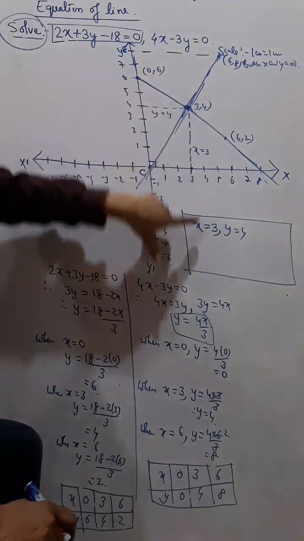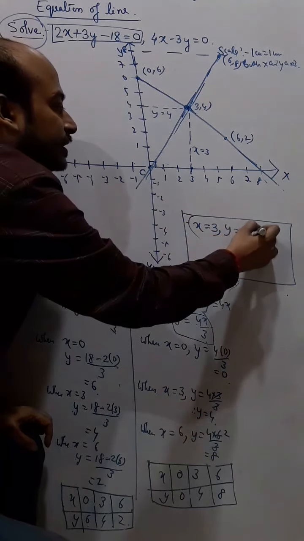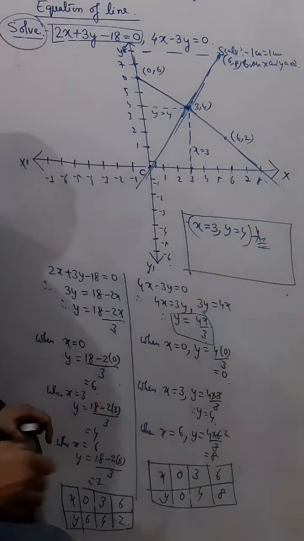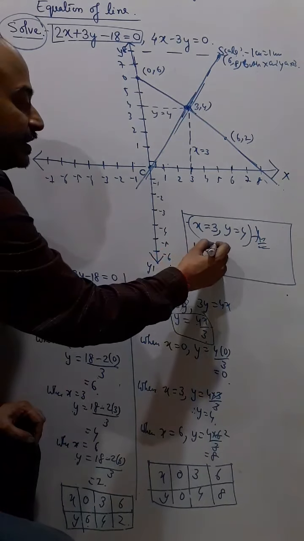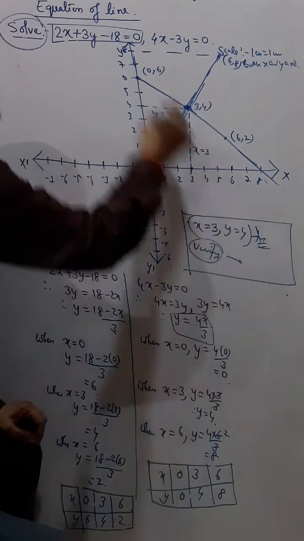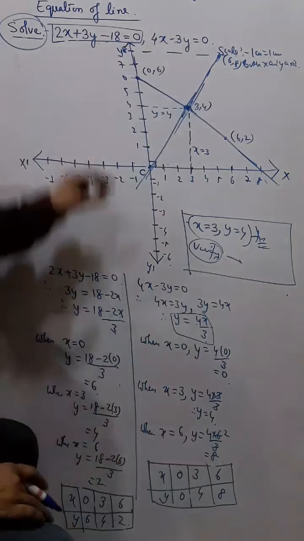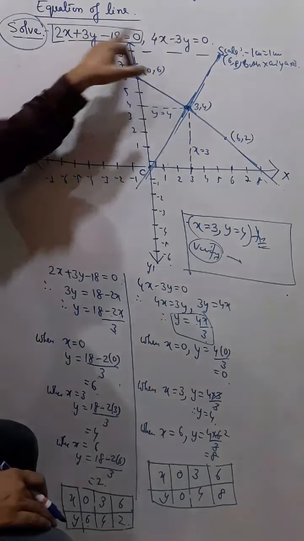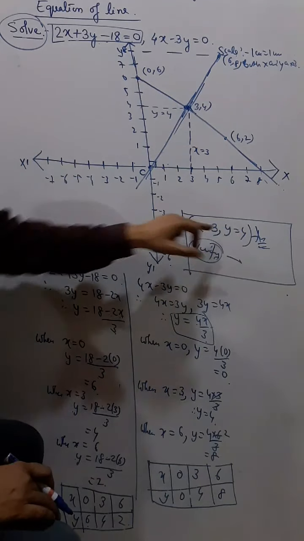So like here you have the value of x as 3 and y as 4, and this is the answer. Understand? And if you want to verify, you can solve them simultaneously. You know, the algebraic method, you have done simultaneous linear equations. If you solve them algebraically also, you will get the same value, 3 and 4.